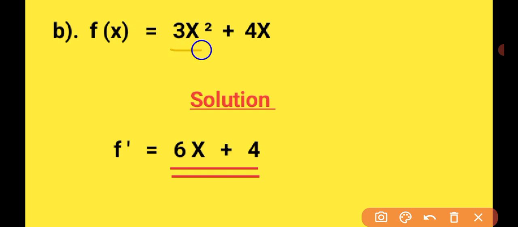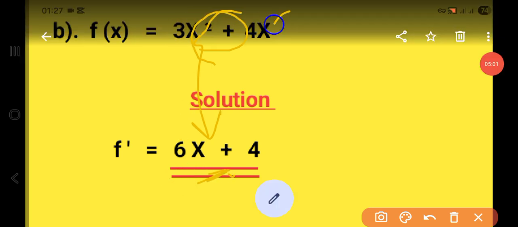So we are going to differentiate 3x squared. When we differentiate 3x squared, we just drop down the power, which is 2. When it comes down, we multiply by the coefficient of 3 to make 6. So this one will be 6x because 1 should be subtracted from the power to make x to power 1. So that is it.